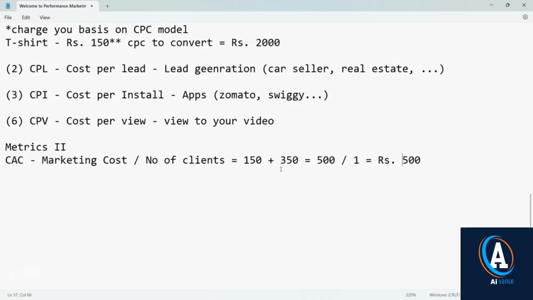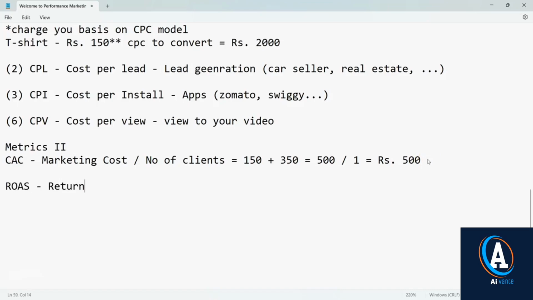So now you can keep this as a simplified version of the same. You can keep multiplying this for the number of clients or customers you're able to get per day and how much you're spending to get those customers, divide them, right, and you will get your CAC on a daily basis.